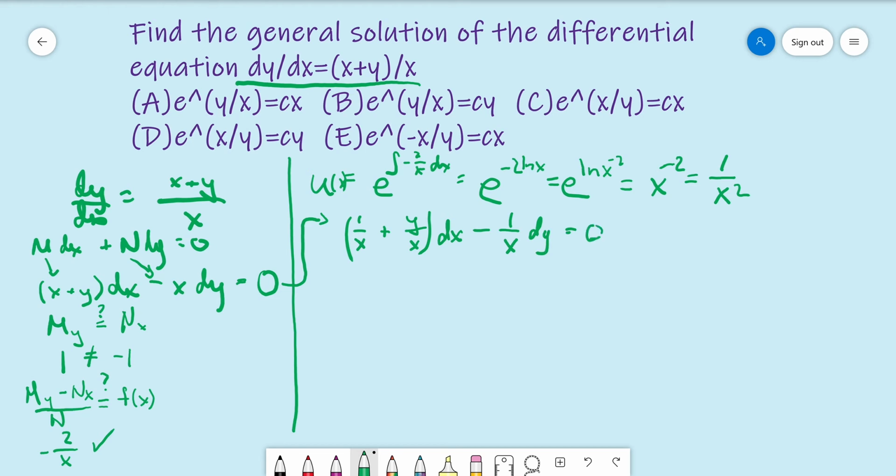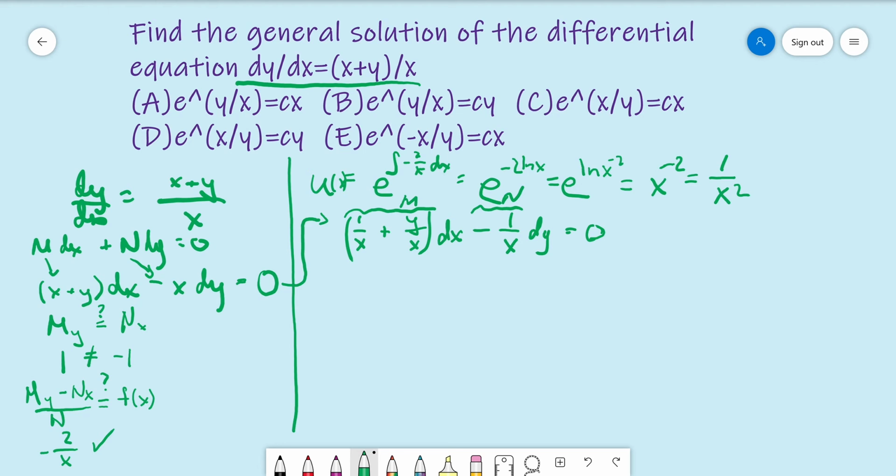And we can actually check if this is exact by taking the derivative of our new M with respect to y and our new N with respect to x and seeing if they're equal to each other.